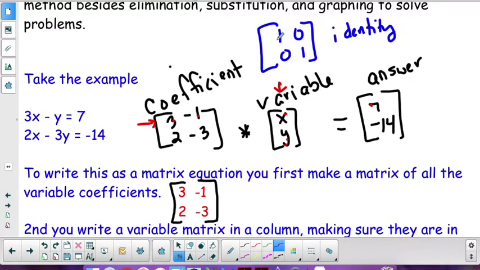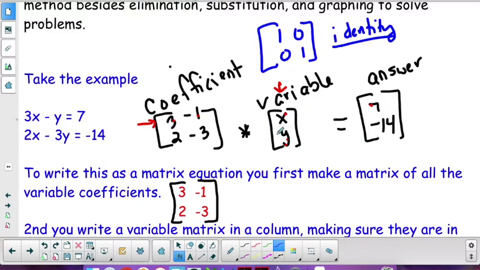Because if I multiply by this matrix times anything else, it doesn't change anything, right? Think about it. 1 times x plus 0 times y equals just x, right? And 0 times x plus 1 times y equals just y. It ends up being an identity, so it cancels it out, and you would be left with just your variables.